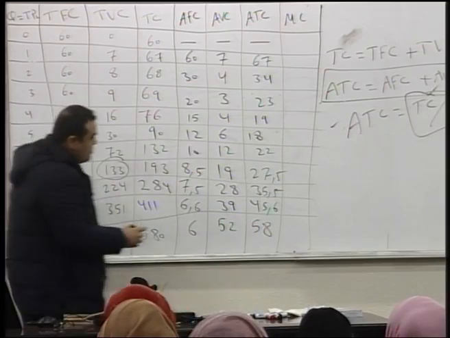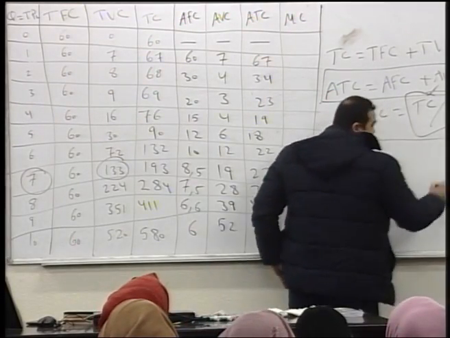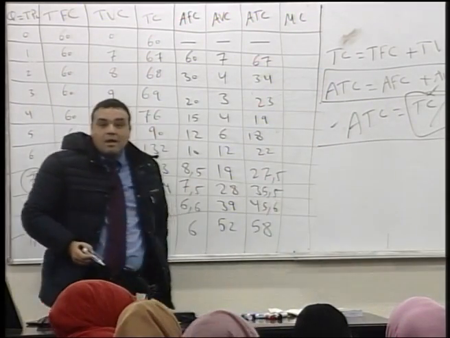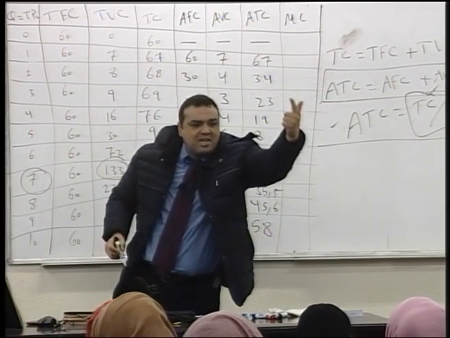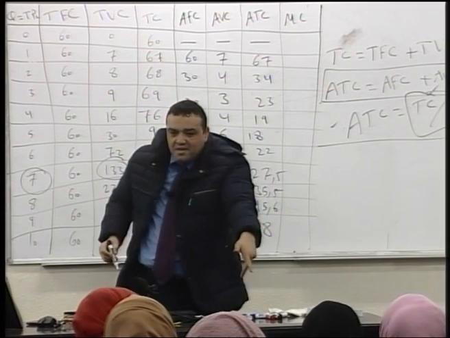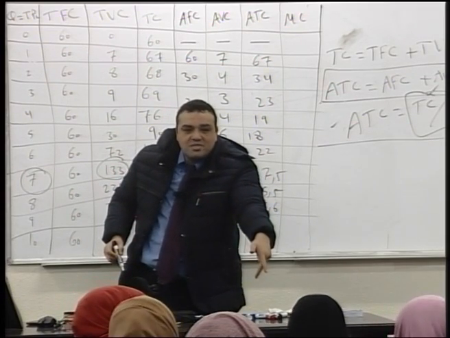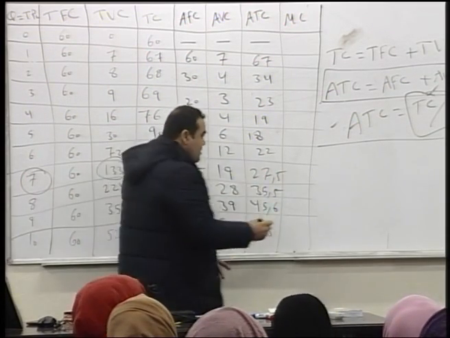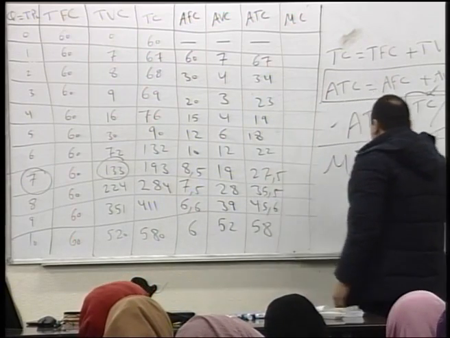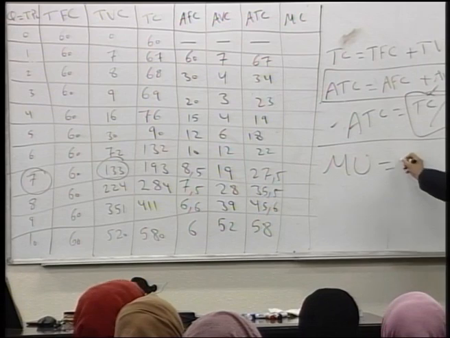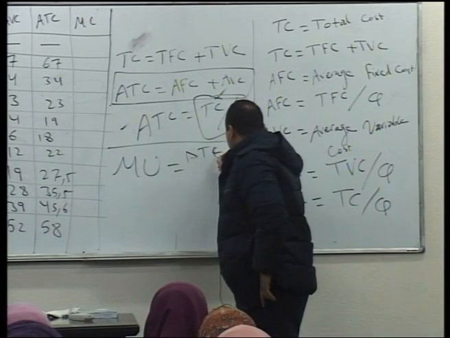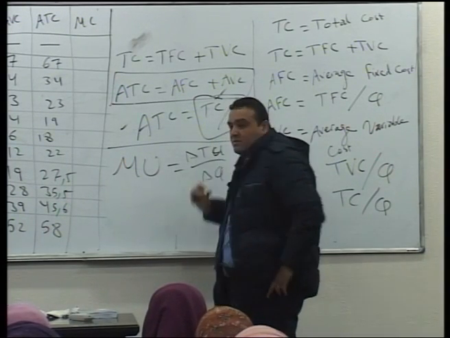What else? What about the marginal cost? We studied before the marginal revenue, marginal utility, and here we have the marginal cost, MC. Let's come back quickly to the marginal utility: a change in total utility over a change in quantity, right?